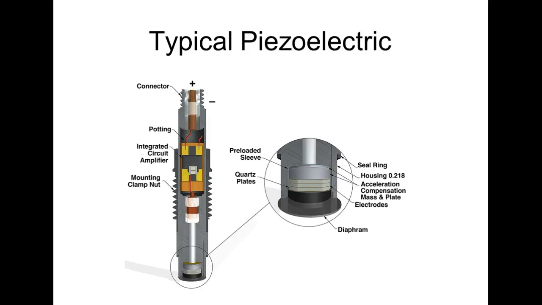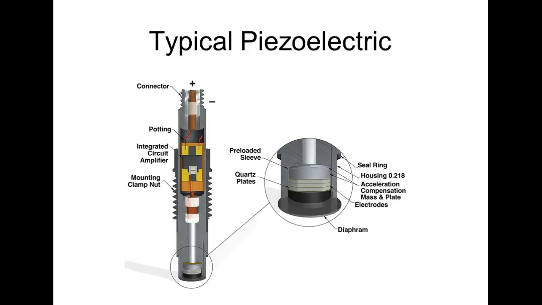And this is just a picture of a piezoelectric solid state sensor. So what they got is sensing the pressures down here. Pressure comes in the top. It's going to cause this to compress the piezoelectric plate right here.